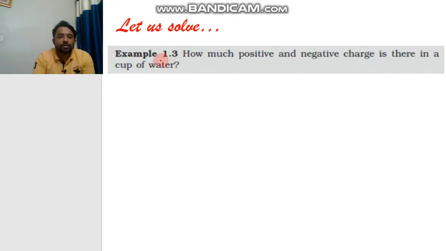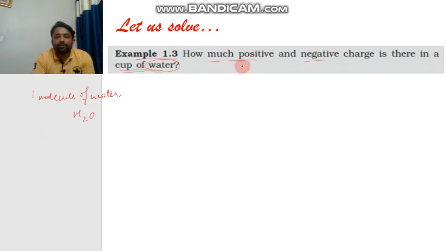So now we will solve another question, example 1.3 of NCERT. The question is, how much positive and negative charge is there in a cup of water? Let's begin from here. If we take one molecule of water, that is H2O, how many protons and electrons does it contain?